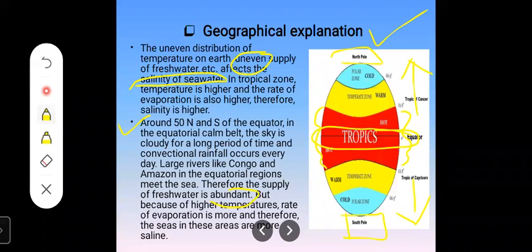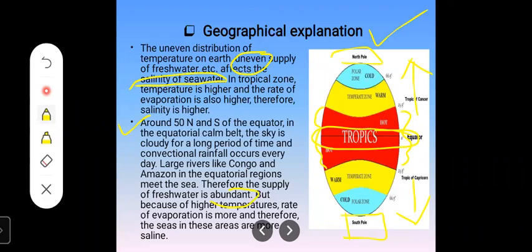When there is continuous convectional rainfall, there will be fresh water, and in the seas the supply of fresh water is more. But the temperature will also be more. If fresh water is being added over there, it will get evaporated, so the temperature will be more, then salinity will be more over there.